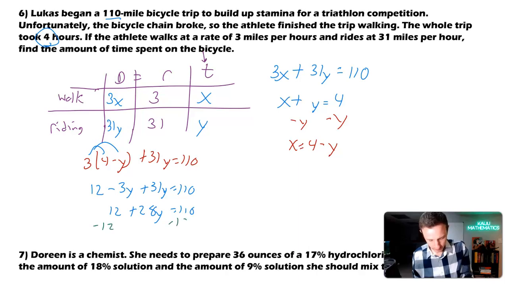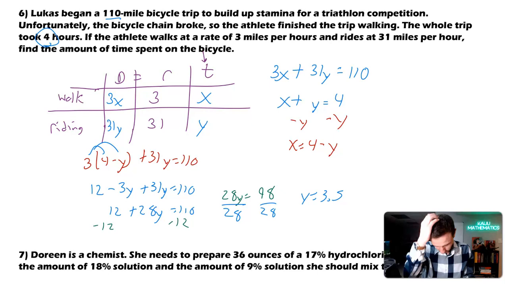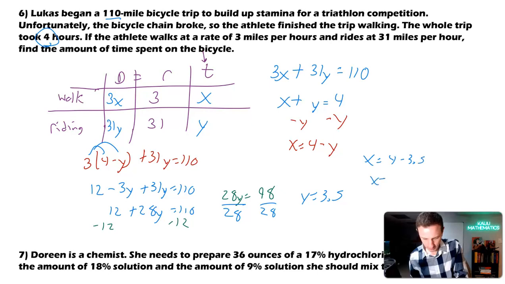Let's subtract 12. So 28y equals 110 minus 12, which is 98. Divided by 28, so we get y equals 3.5. So then x is equal to 4 minus 3.5, which is 0.5.